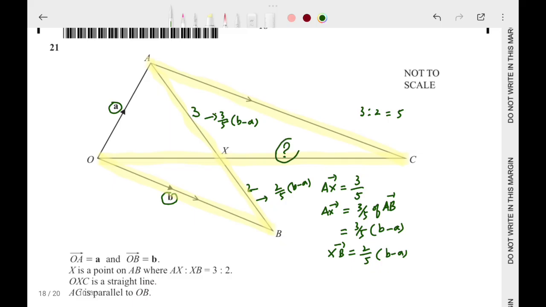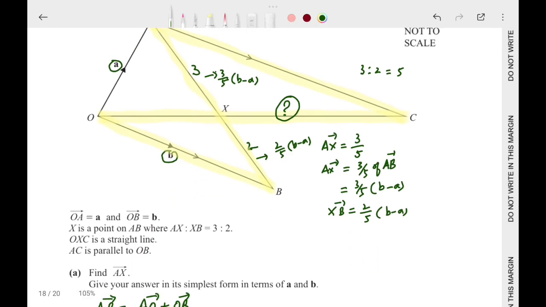Actually we have to find it out. So for this purpose, we have to see that AC is parallel to OB. In other words, AC is a constant multiple of OB.